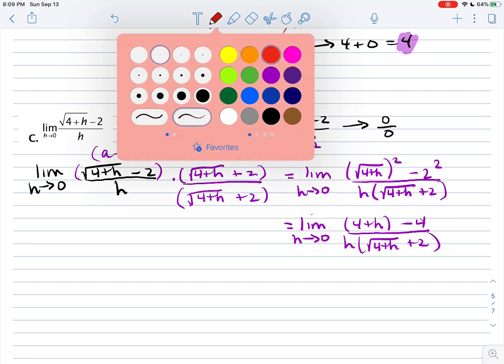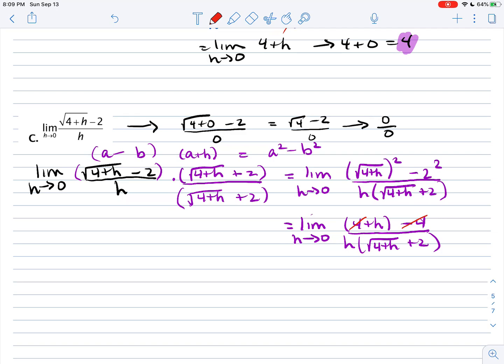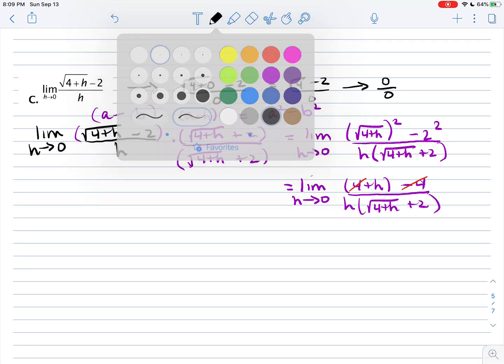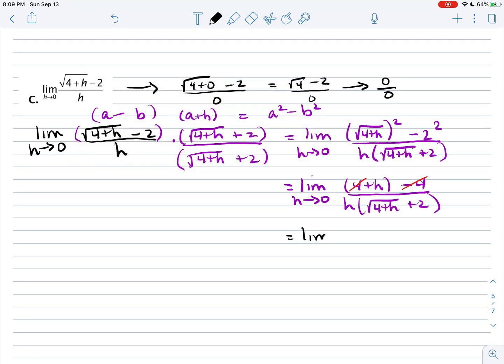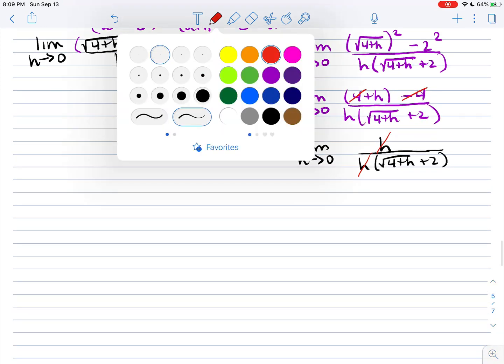I find that 4 minus 4 is 0, and I see that I can cancel my factors of h.